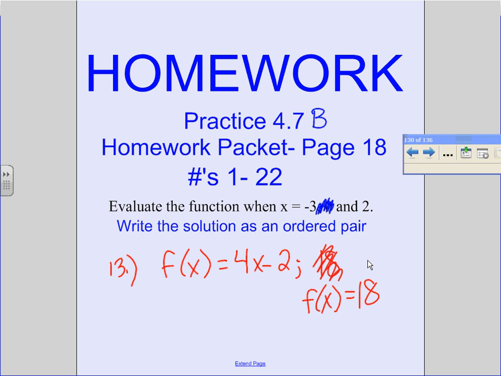So for 13 through 22, the number after the colon is what f of x equals. So cross that number off and write it as f of x equals whatever it is. For those, you only will have one answer for 13 through 22. And again, please write it as an ordered pair.